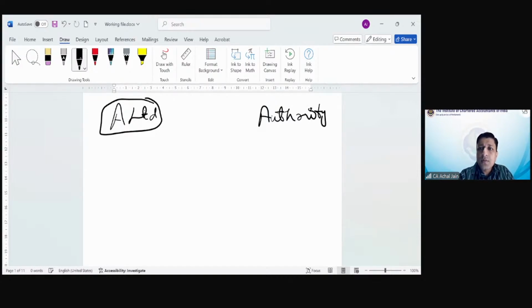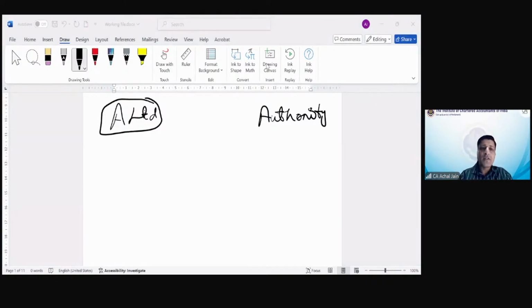Now, this is a very, very important part of this standard. Let's suppose the authority wants to award 3 works. So there are 3 activities or works which the authority wants to award.